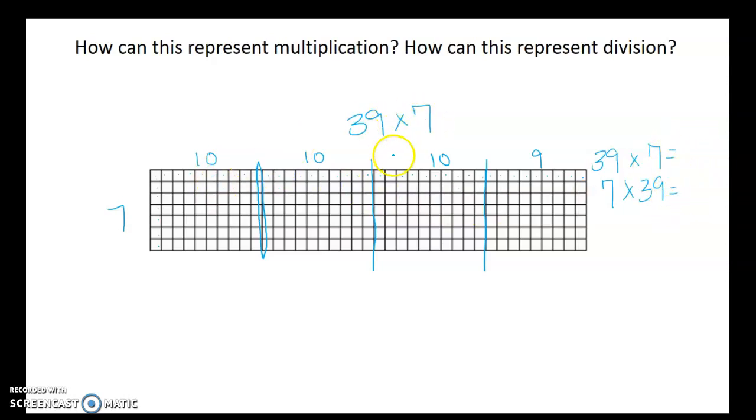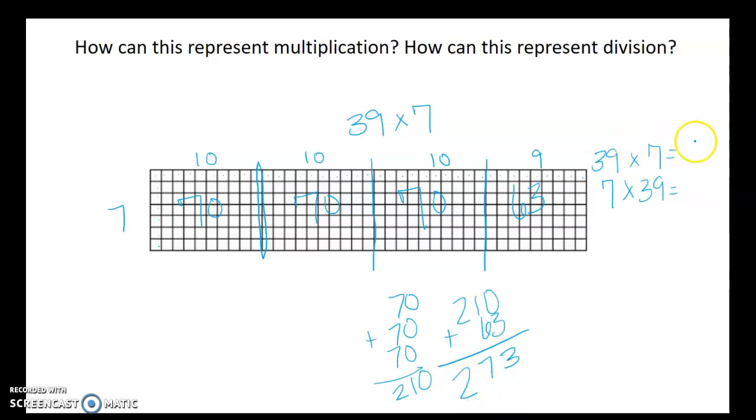Well, I could just multiply, that's fine, but I know that each one of these little arrays in between are all 70, because 10 times 7 is 70. 70 and 70. 9 times 7 is 63. And then I can just add those up. That's 210. And then 210 plus my 63 is 273. Whew, thank goodness I'm good at multiplication, and so are you, or we would be counting forever to count 273 blocks.